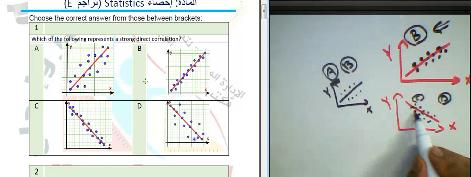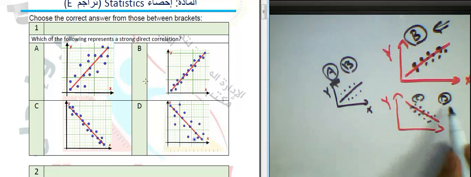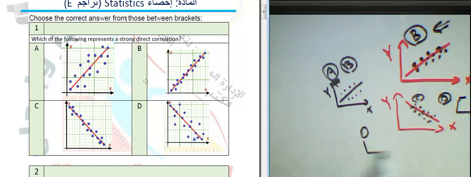We call it strong inverse correlation, letter C. Letter D, look here. All points here are not nearest to the line segment, so we call it median inverse correlation. Okay, understood?